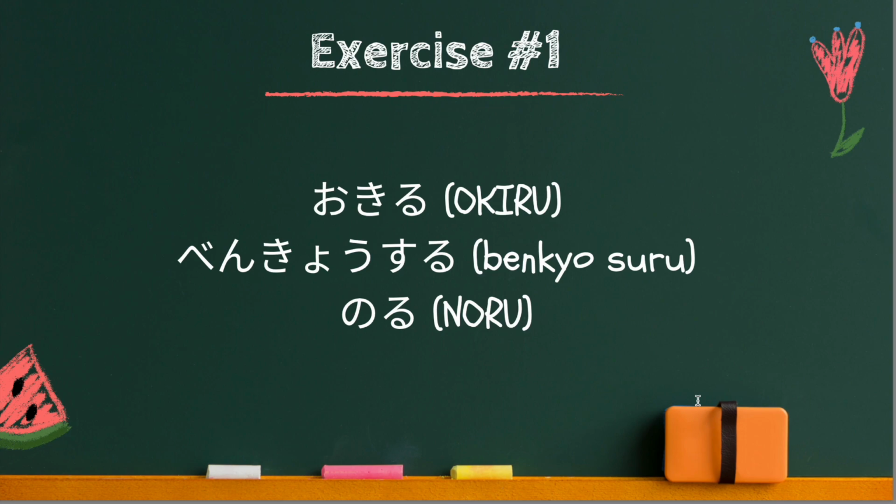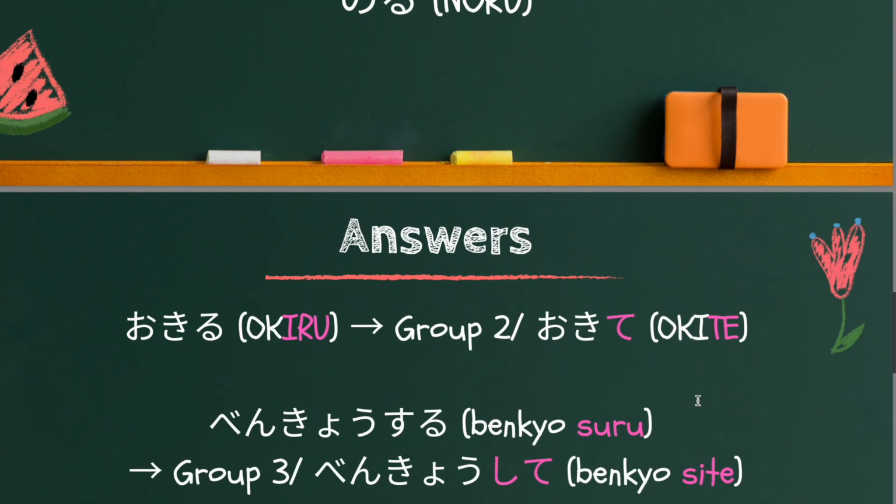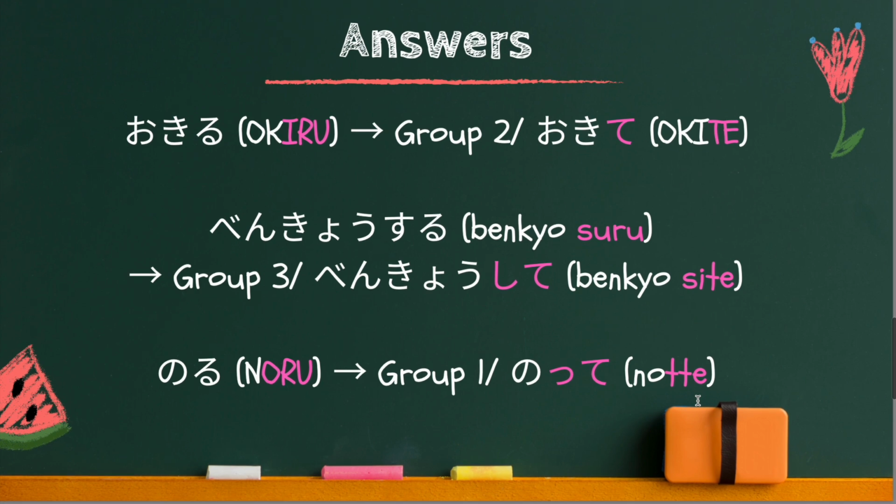Now the answers. Okiru, this is iru ending. Therefore, this is group 2. And group 2, just replace ru with te. Therefore, te form is okite.